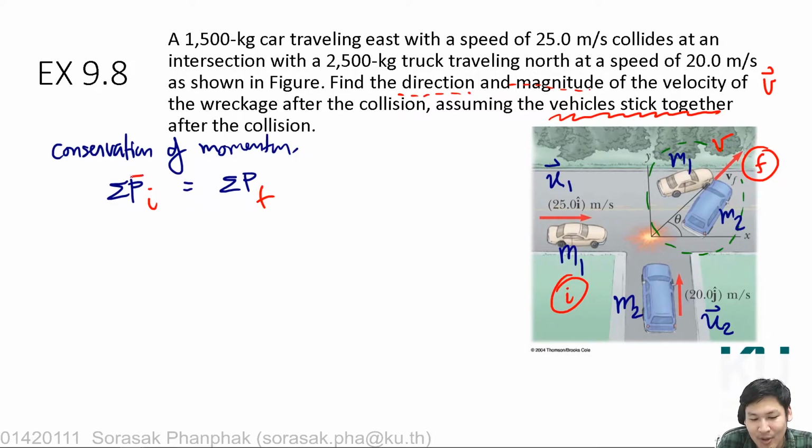As vectors, you can sum up all the initial momenta: m1u1 plus m2u2. It is going to be equal to the final net momentum, which is (m1 plus m2)v.